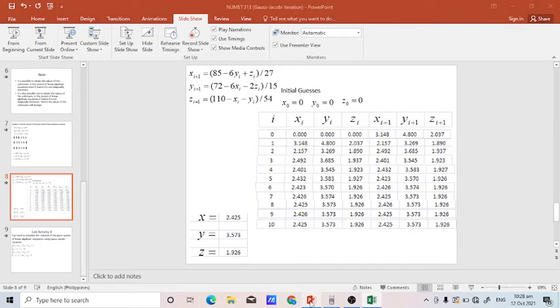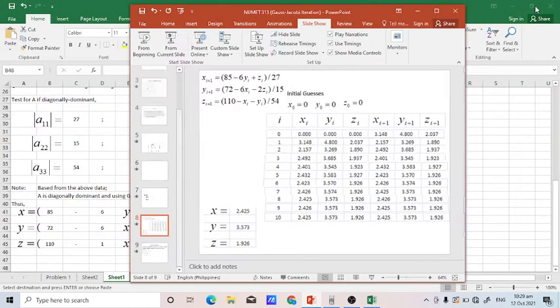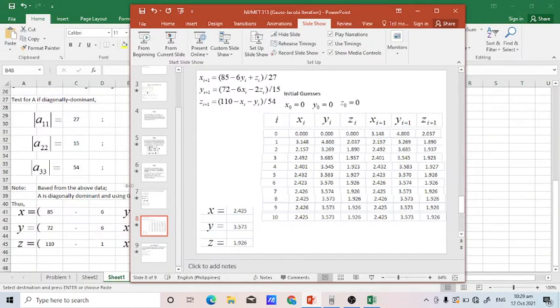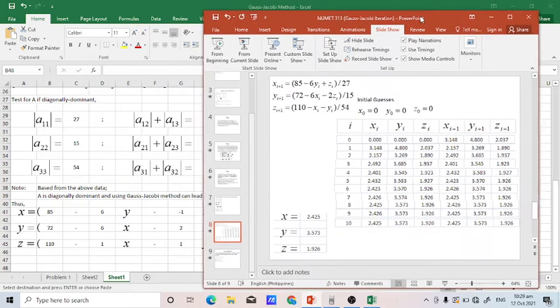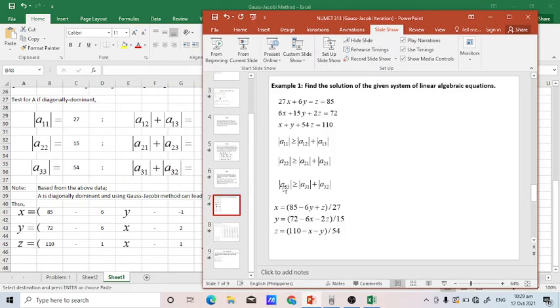So, gaya nito. Ayan. So, 85 minus 6y plus z over 27. Okay? 72 minus 6x minus 2z over 15. 110 minus x minus y over 54.